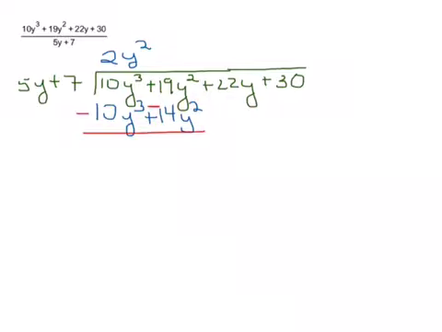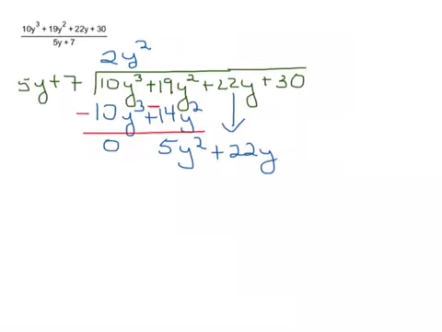After we draw the line and change the signs, we've got 10y cubed minus 10y cubed is 0. That should always happen. And we've got 19y squared minus 14y squared is 5y squared. Now we're ready to bring down the next term, plus 22y.